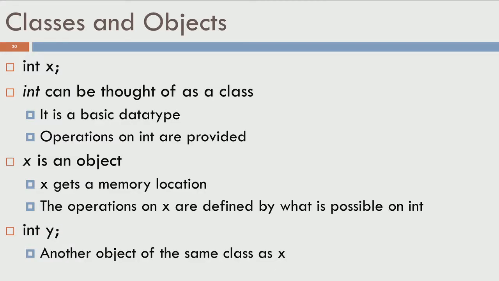We can think of int as a class. It is a basic data type, and the moment you say something is an int, or an integer, you know that there are certain operations that you can do on it and there are certain properties of integers. For example, integers can have only values like 1, 2, 3, 0, minus 1, minus 2, minus 3 and so on. You cannot have a valid value 1.6. So, we know some of these properties about int.